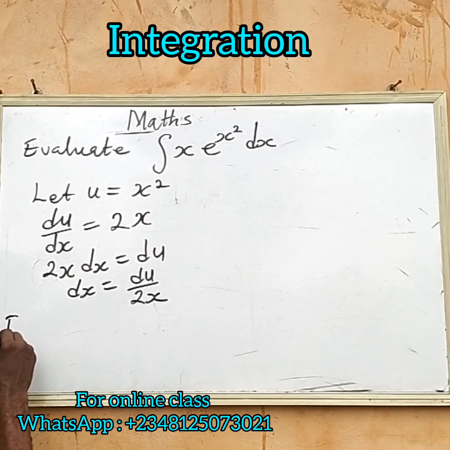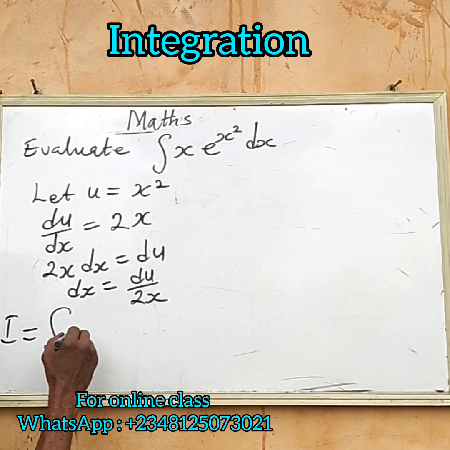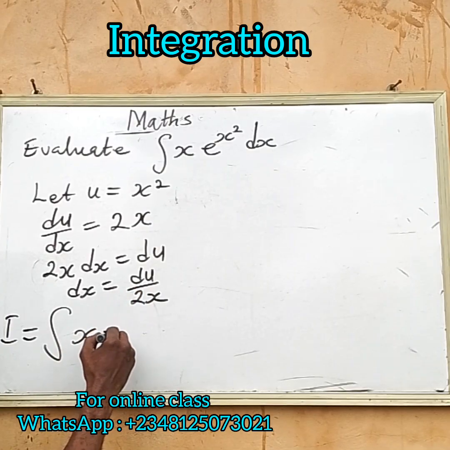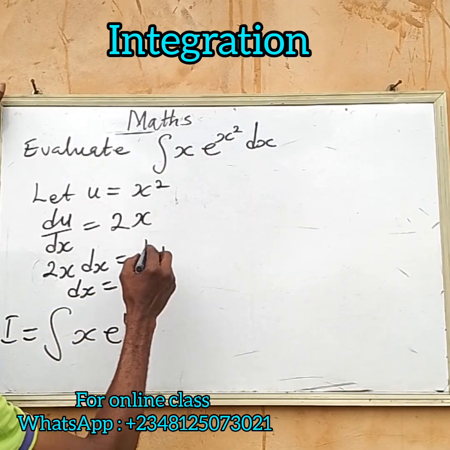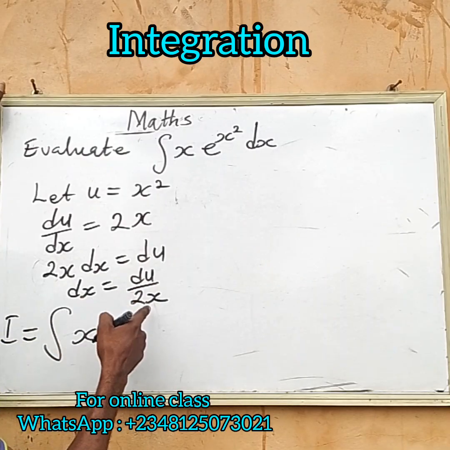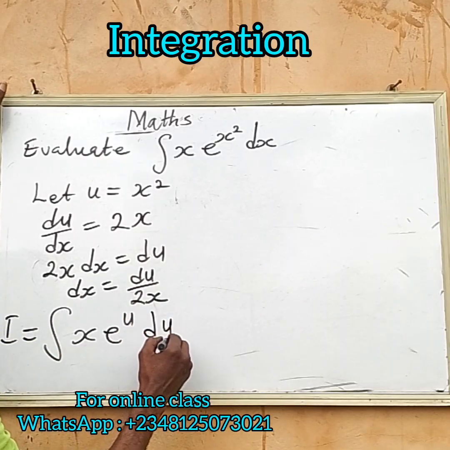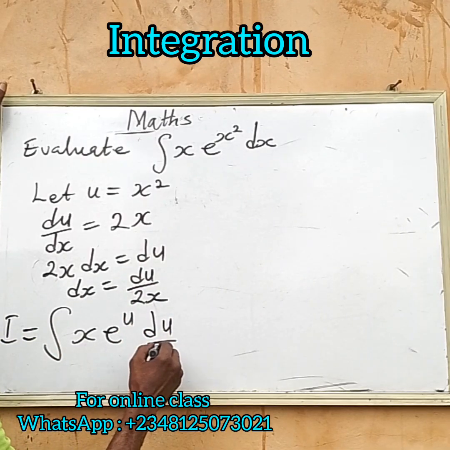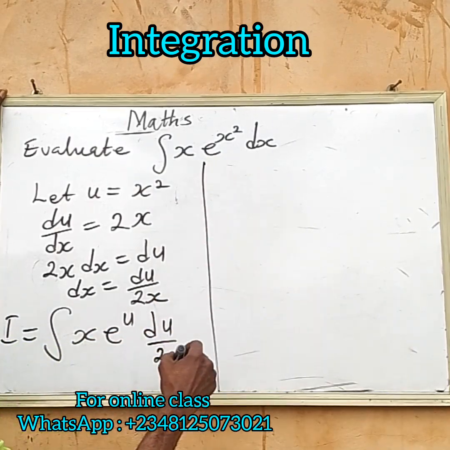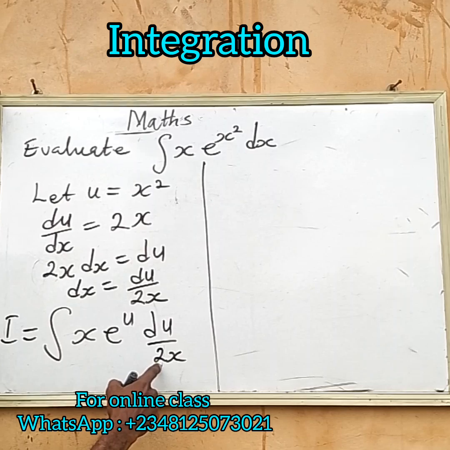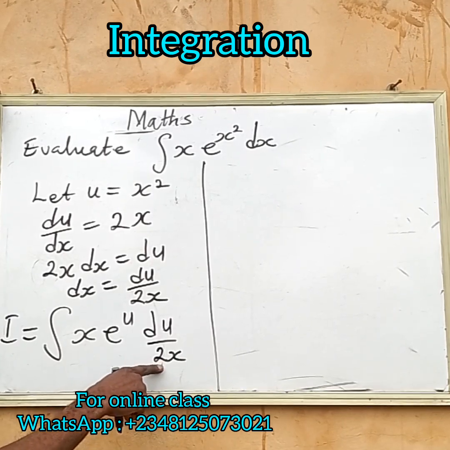Now we are going to plug in the x and u into our original integral problem. So our integral is now x, then exponent u, because x squared is u. Then our dx will be replaced by du over 2x. Now we can factor out 1 over 2, because this is a fraction here.